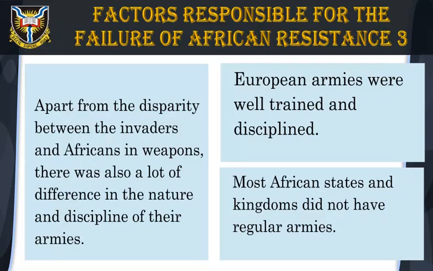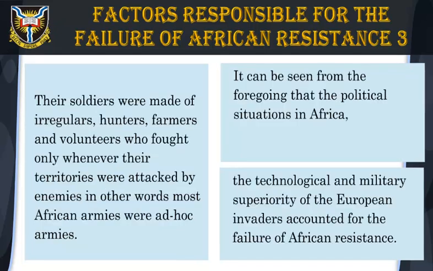Apart from the disparity between the invaders and Africans in weapons, there was also a lot of difference in the nature and discipline of their armies. European armies were well trained and disciplined. Most African states and kingdoms did not have regular armies.